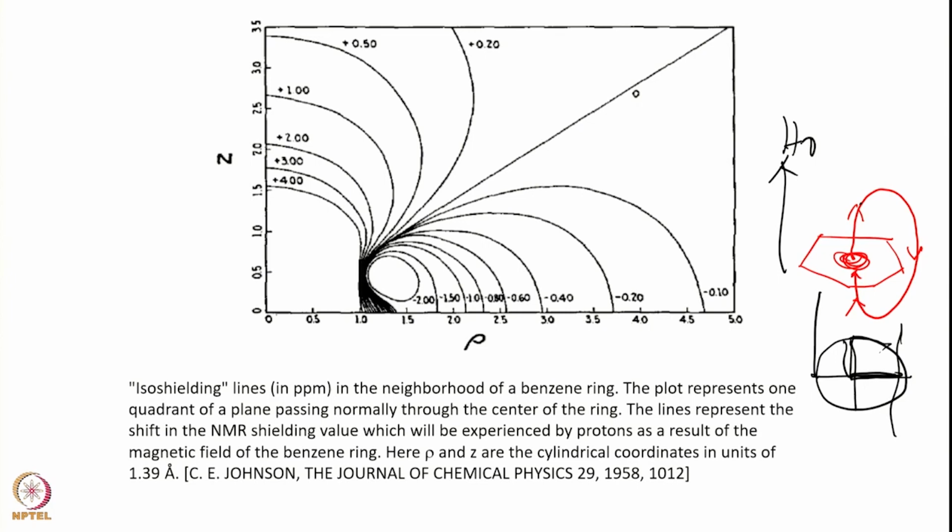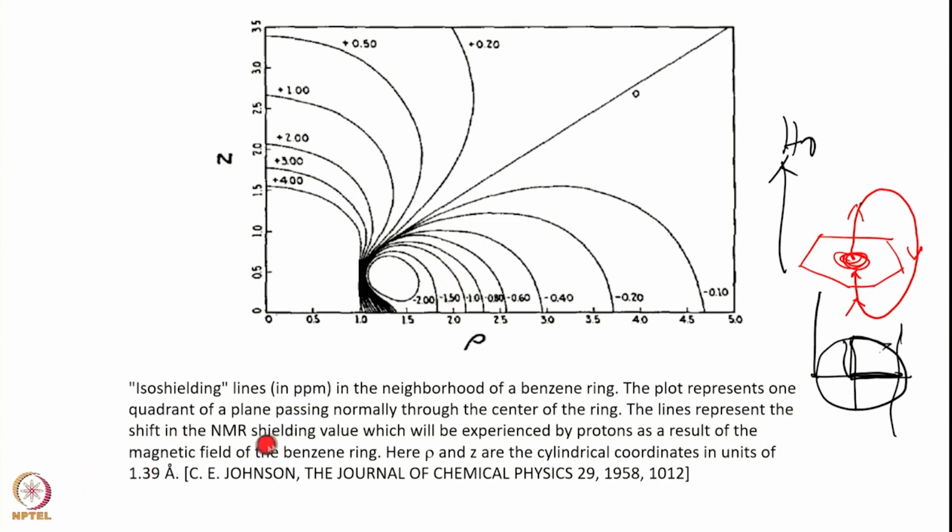This calculation has been done by theoretical procedures using the theory of chemical shifts in great detail, and therefore this is extremely valuable to predict, depending upon where you are with respect to the ring, the different kinds of chemical shifts. This is important to know how far it can go. These are in units of 1.39 angstroms.